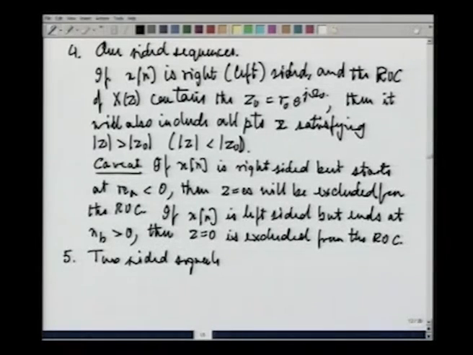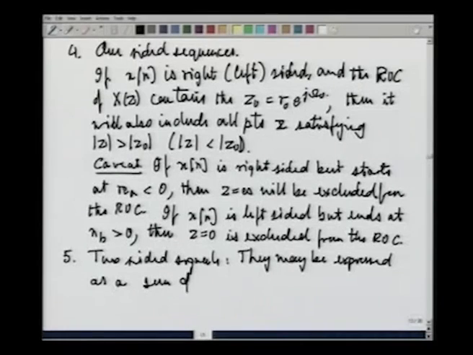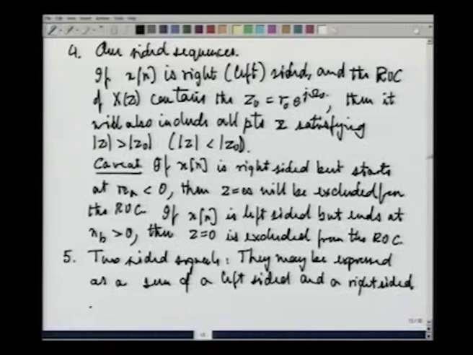Now, a two-sided signal may be expressed as a sum of a left sided and a right sided signal.